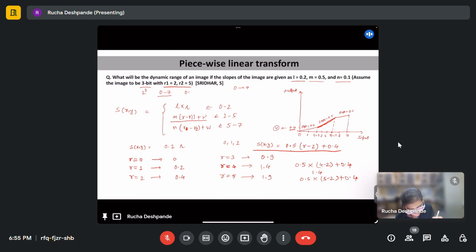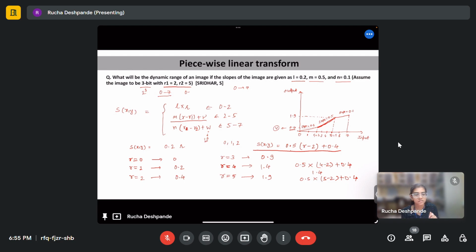So here r2 is at 5, and this will correspond to 1.9. So this w is equal to 1.9. Now we calculate for the third stretch.